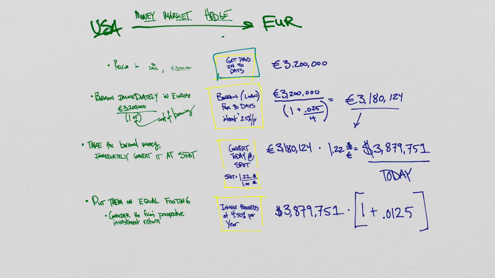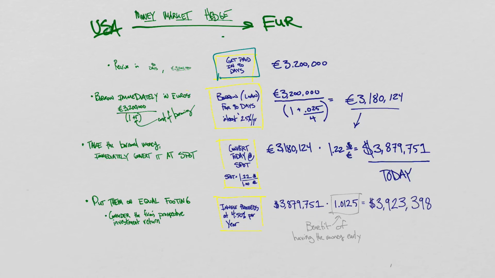And so if we scale up this 3.879 by the benefit of having the money early, we can get a total proceeds for this hedge of $3,923,398. And so we can compare this amount that we received under the money market hedge to how much we could have received using a forward contract as a hedge for the same deal.